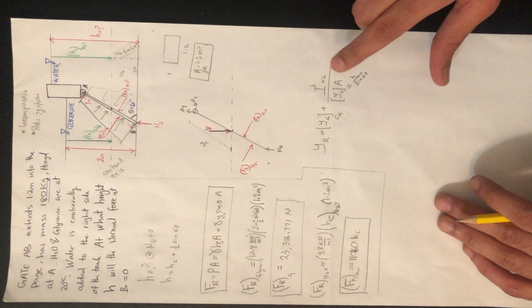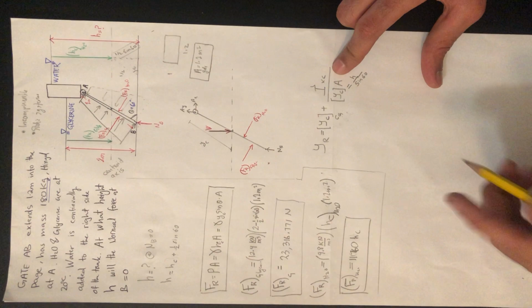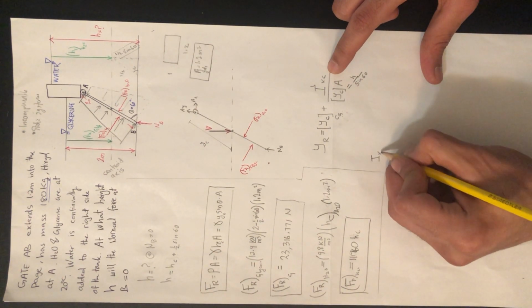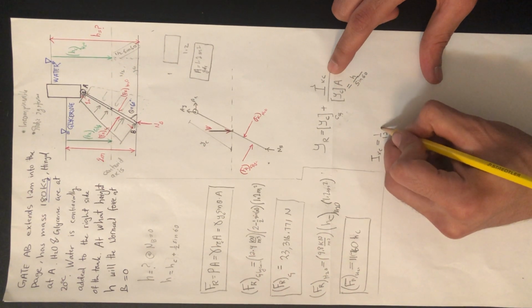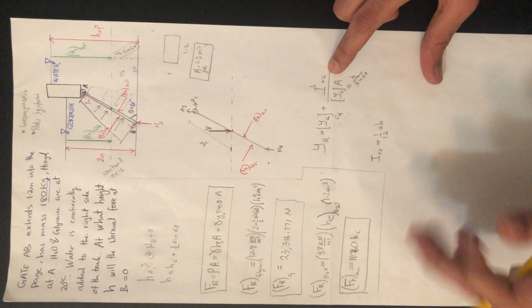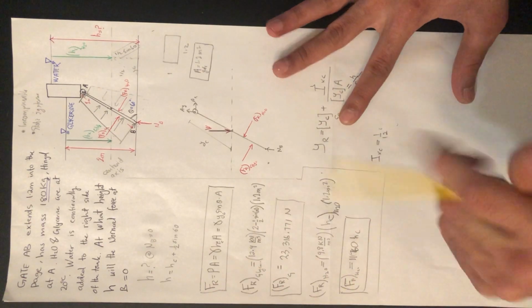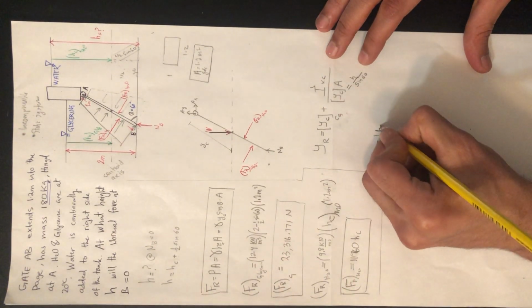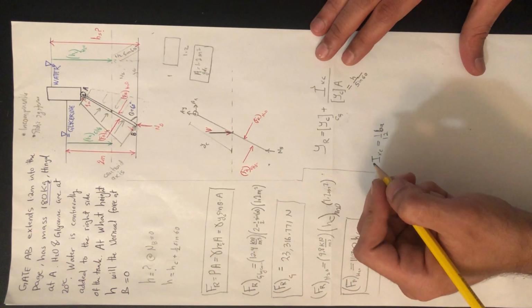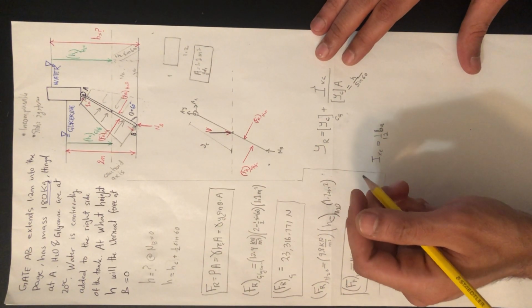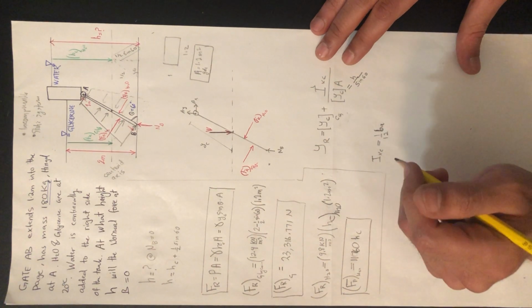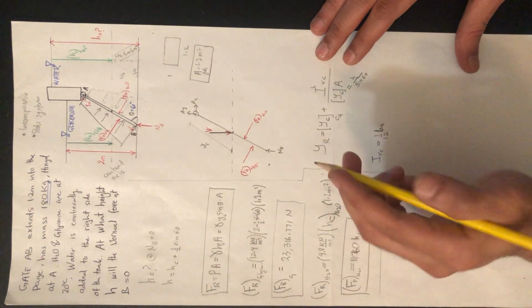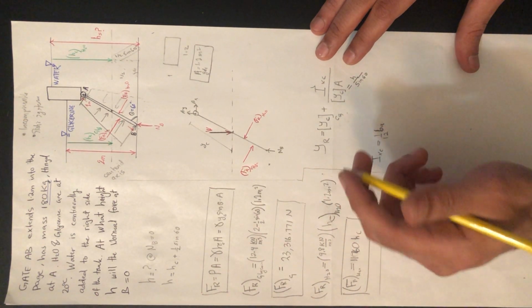So our IXC is BA over 12, because we are trying to find the Y distance. So this is with respect to an axis passing through the centroid and parallel to the x-axis.